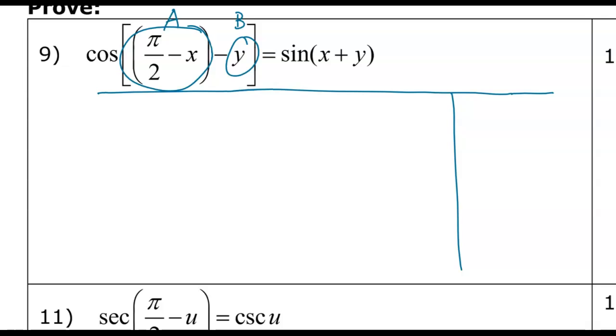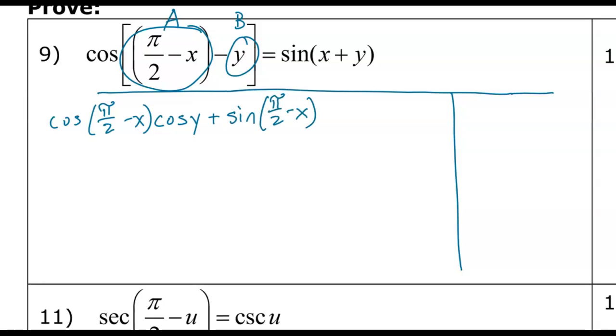So I'm going to use the difference of cosine identity and have cosine of pi over 2 minus x times cosine of y plus sine of pi over 2 minus x times sine of y. All I did was use the difference of cosine identity.